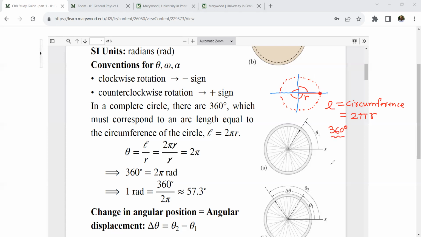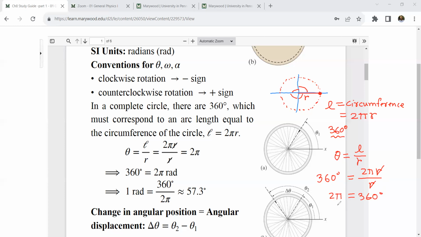Now let's use our usual definition of theta: theta equals L over r. L is 2 pi r for one full rotation, and then divided by r, and for one full rotation theta is 360 degree. So r and r cancel out, and 2 pi is equal to 360 degree.